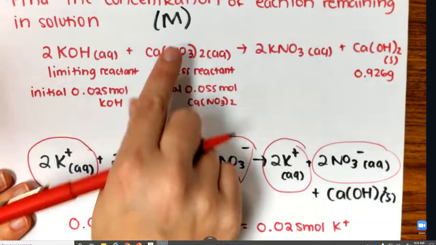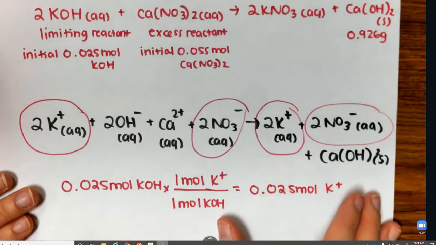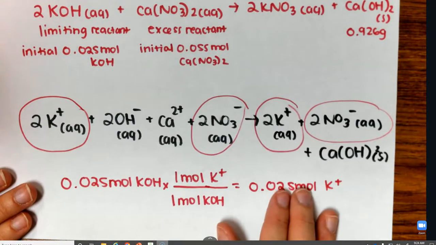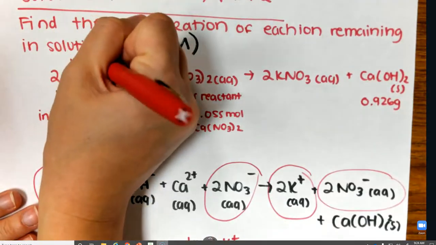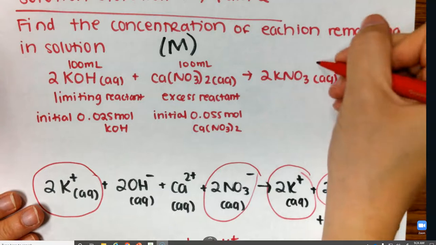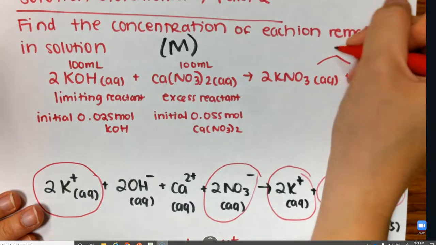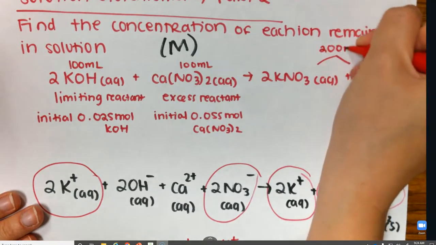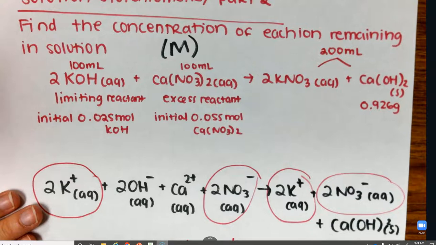Now the question asked for the molarity of each ion. Molarity is moles per liter. What happened with this problem? We had 100 milliliters of this, and we had 100 milliliters of that, and we mixed them. When we mix them, you get a final volume of 200 milliliters. Volume can't disappear.